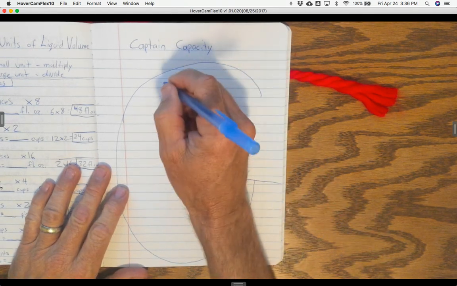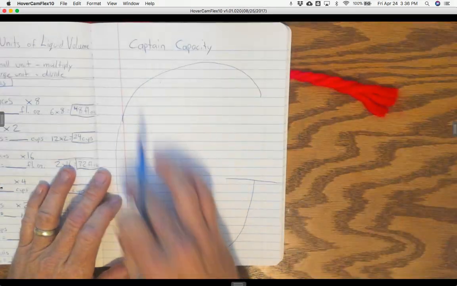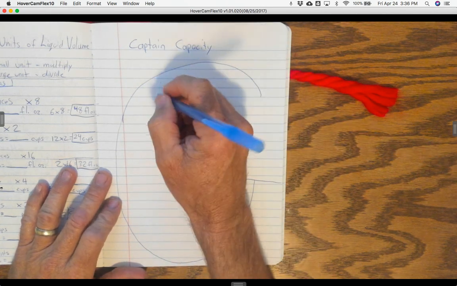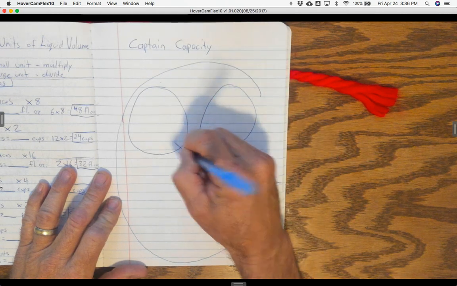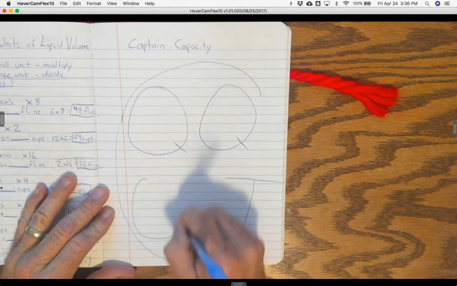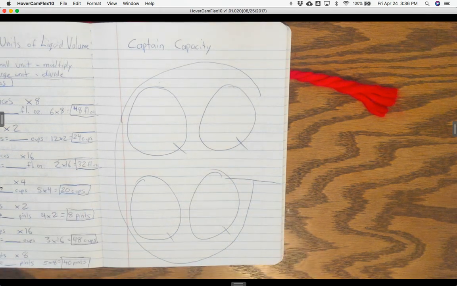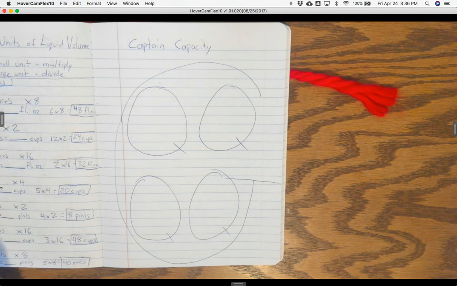So going from largest unit to smallest unit, we have a gallon. Our next smallest is quarts, and we have 4 quarts in a gallon. So I'm going to draw 4 large capital Q's. Make them big. Use up all that space, because inside each of these Q's, we're going to put a couple things.